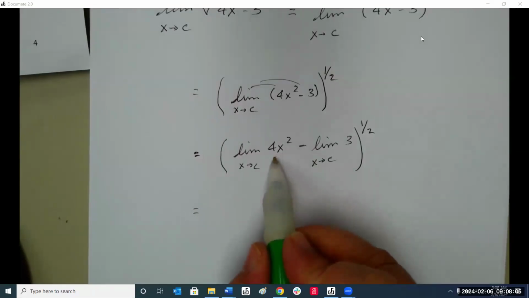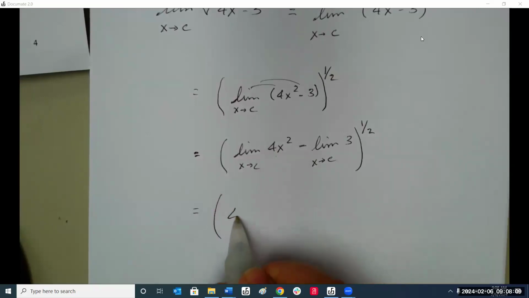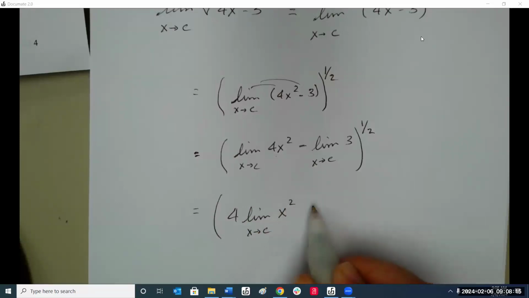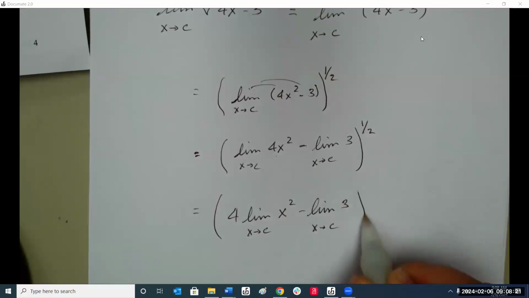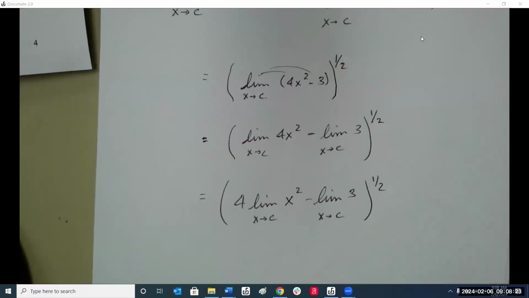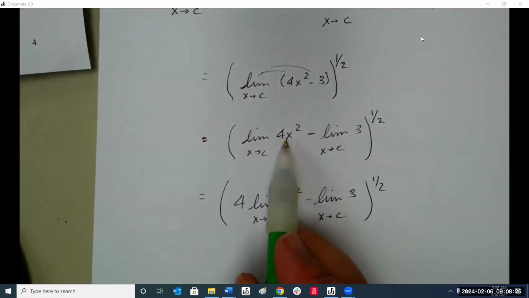This, we use the constant rule. So the 4 goes out in front. X squared, it's a constant coefficient.